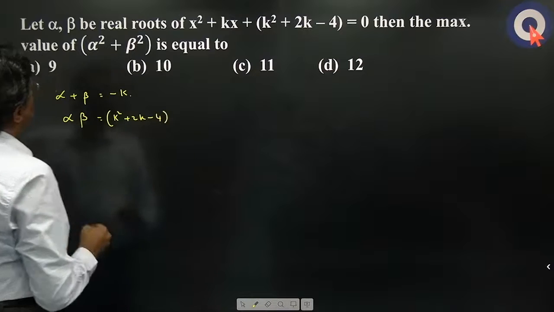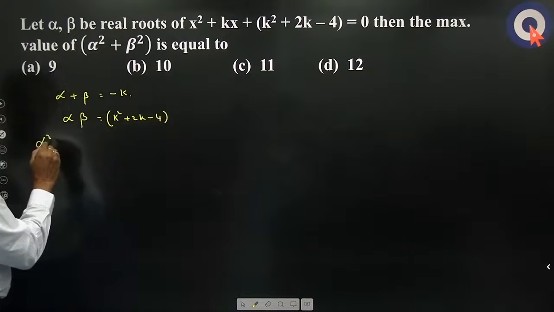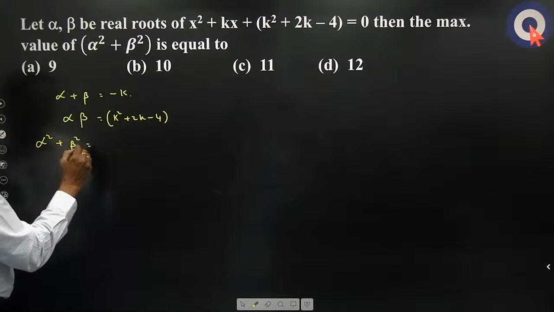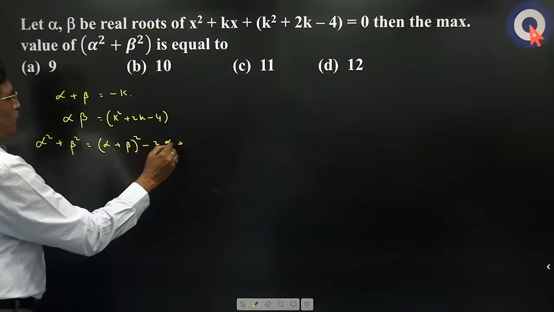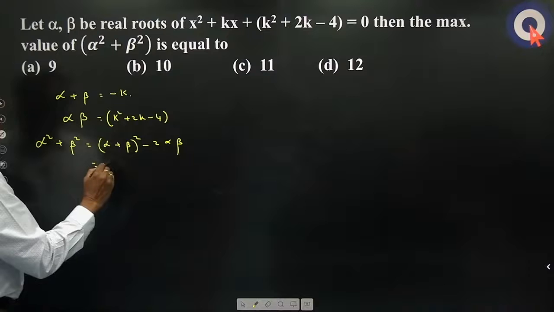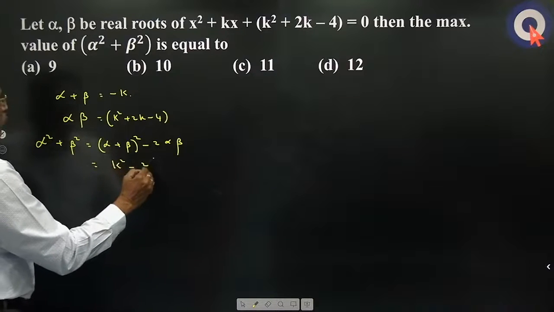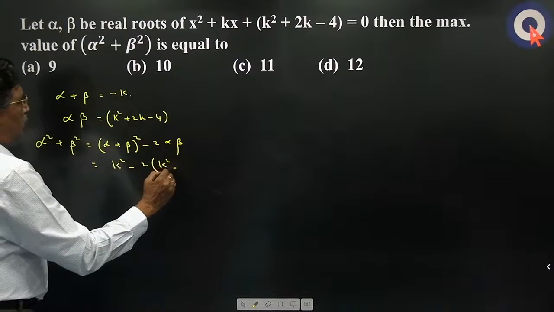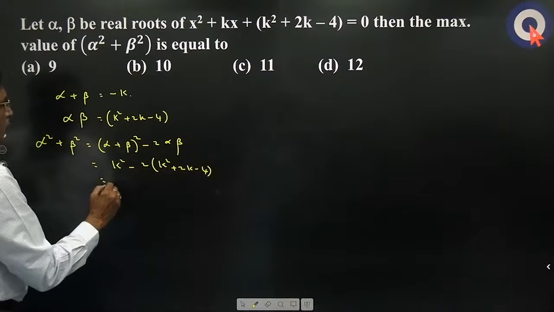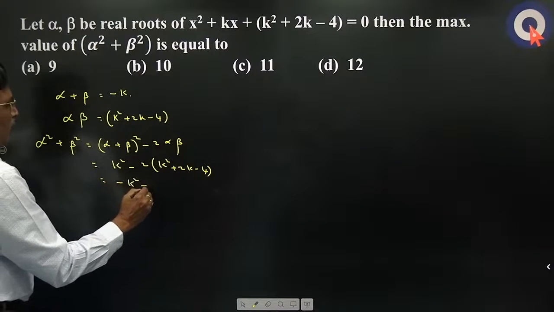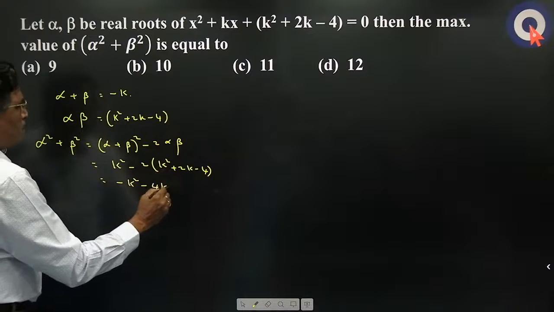So therefore, alpha square plus beta square is alpha plus beta whole square minus 2 alpha beta. So therefore, k square minus 2 into k square plus 2k minus 4, which becomes minus k square minus 4k plus 8.